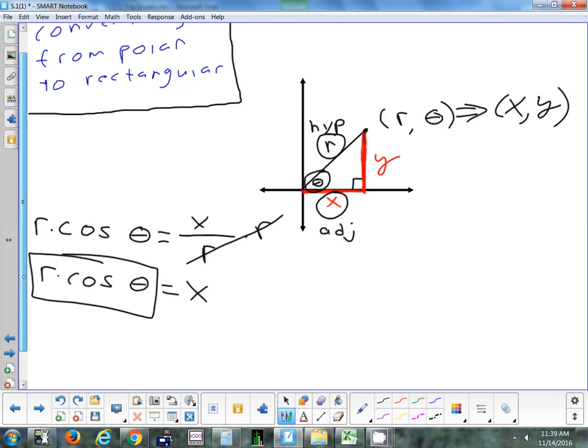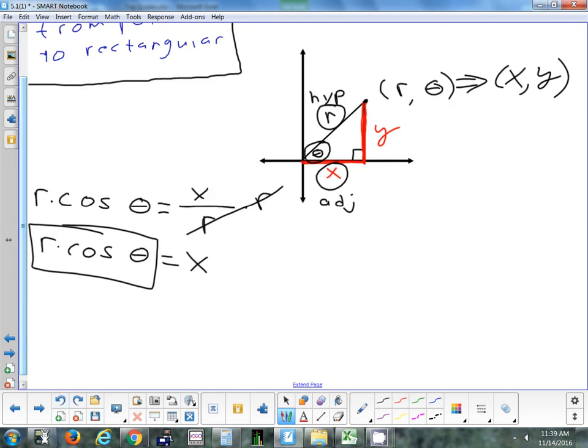All right, now let's do the same thing, except we'll find our y value. So this time I'm going to use r, because that'll be given. Theta, that'll be given. And I want y. So what trig function involves hypotenuse and opposite?